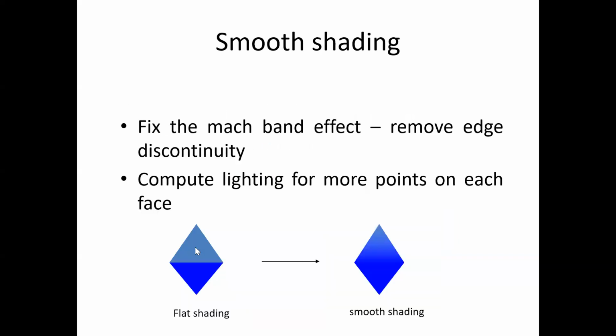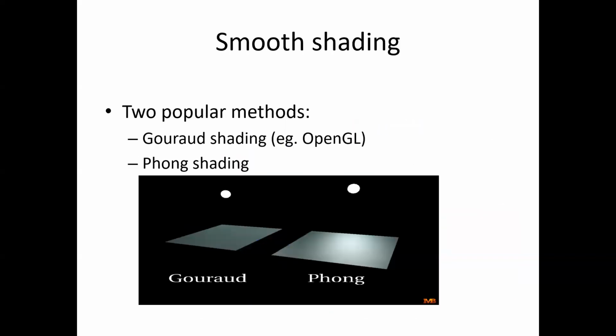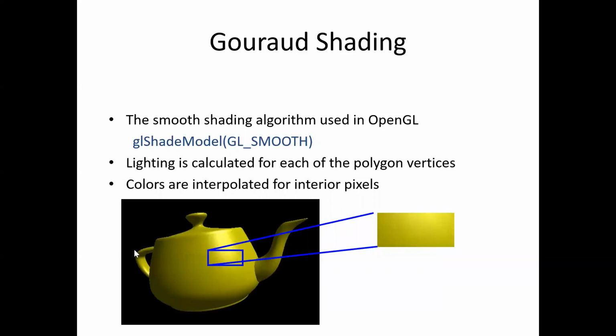Compared to our previous image of the kettle, where it is clearly visible that it is made of many polygons, you might have observed by this time that this kettle appears more realistic and smoother, because with the naked eye we are not able to find out that at the computation or programming level it is constituted of many polygons. So this is the effect of smooth shading. Here the appearance is more realistic.